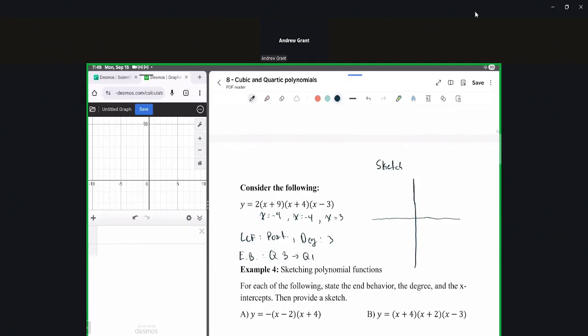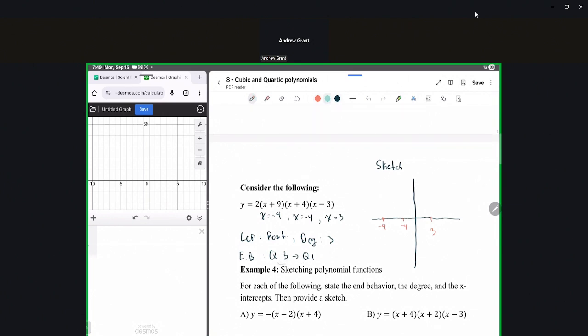The textbook has an example where they graph what this looks like, and it's quite tedious to come up with all of the table values, but you can absolutely do that. It just takes quite a bit of time to do. And so we will come out here to -9. There's one of our x-intercepts, -4. There's another one, and 3. There's our last one. And so what do I know?